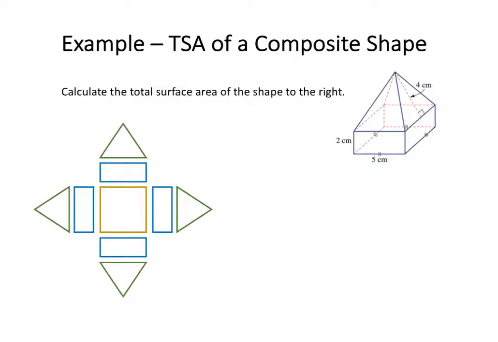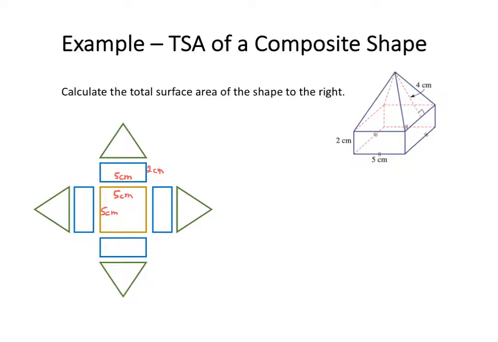And before we start the individual calculations, what we want to do is go through and add in our dimensions. So the sides of our square are going to be 5 centimeters long. Our rectangles are going to be 5 centimeters wide and then 2 centimeters long.